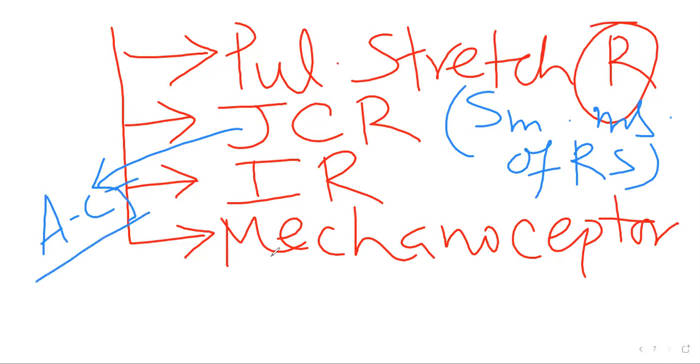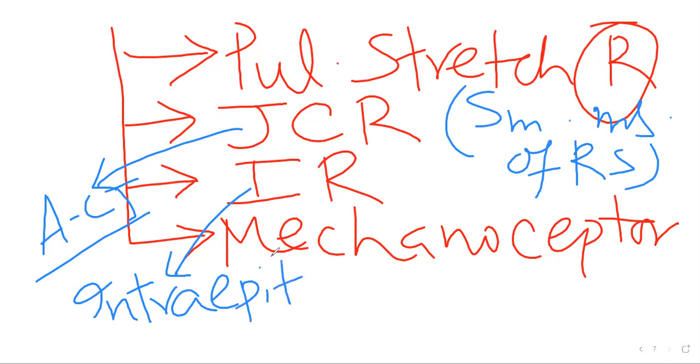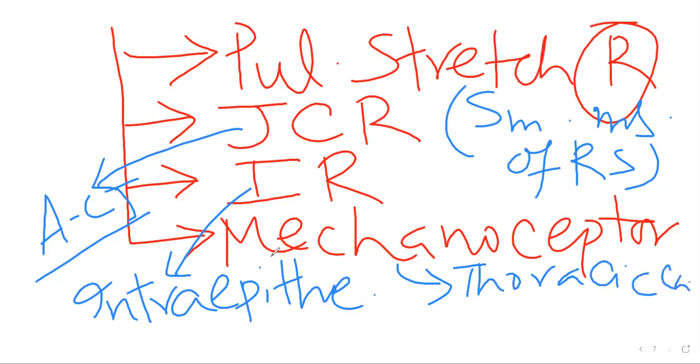Irritant receptors are present in the intraepithelial area, so within the epithelial cells of the respiratory lining we have the irritant receptors, and mechanoceptors are situated in the thoracic cage and the locomotor system. In all the locomotor system joints we have the mechanoceptors. Now, how will the pulmonary stretch receptor actually operate?